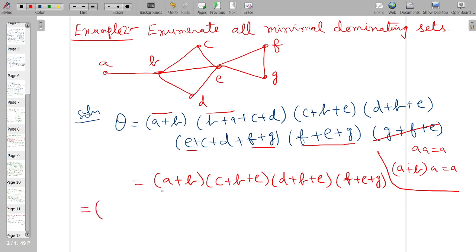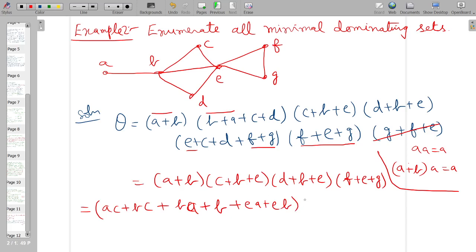Now what I will do is I will multiply the first two and last two and try to reduce it. AC plus BC plus BA plus BB is B plus EA plus EB.